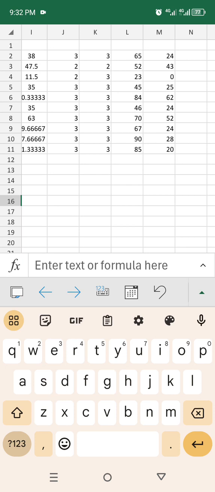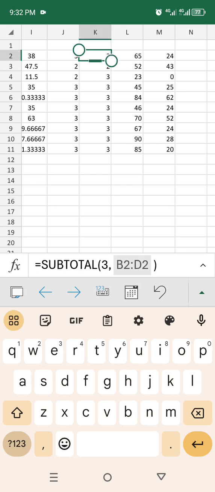What that one mean is that when we use 3 in our formula, it is sorting out every cell within that range that contain value, whether the value is number or letter. But when we use 2, 2 only sort out the cell that contain number only, not alphabet. And that is the difference between them.